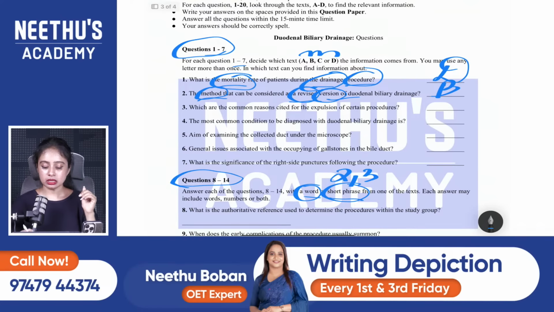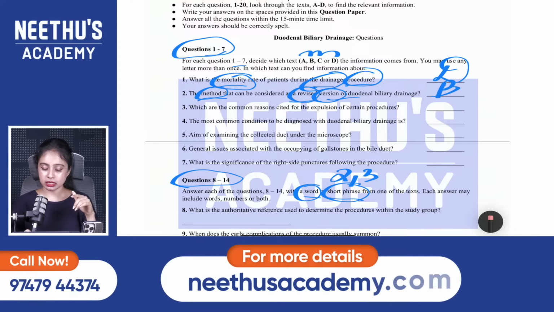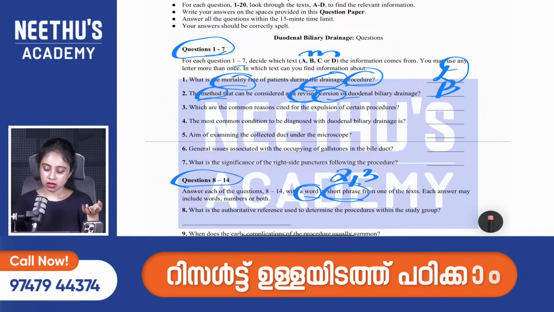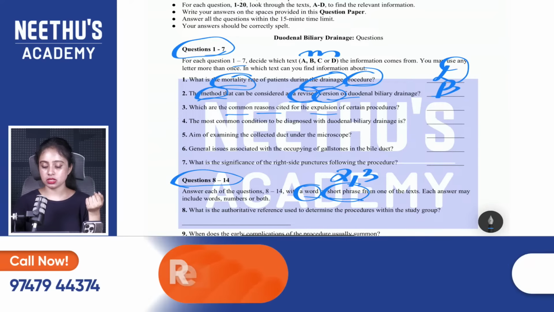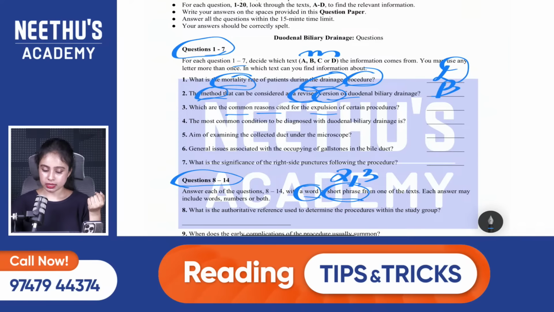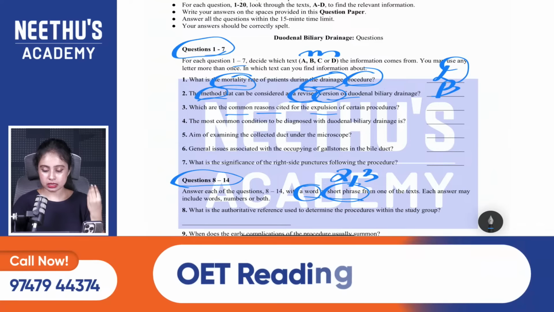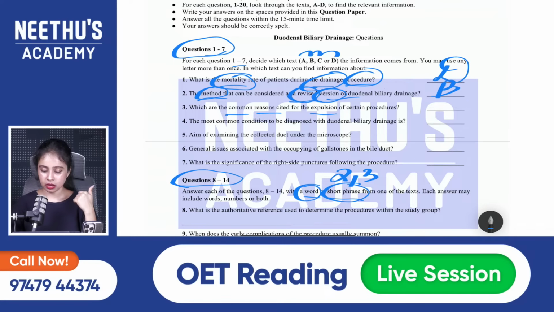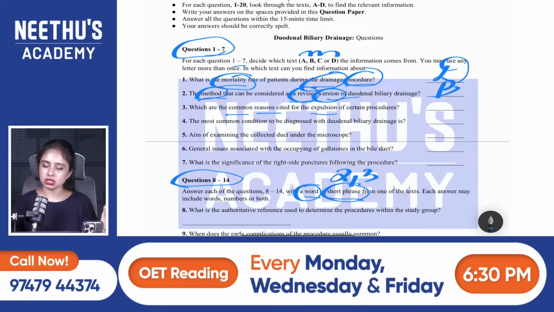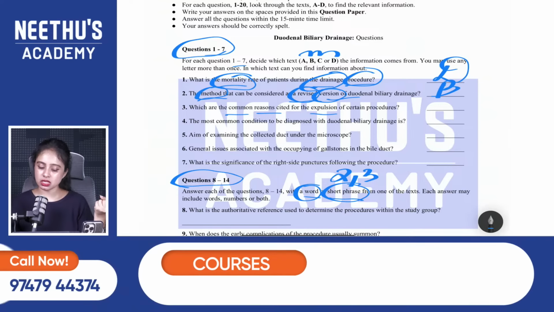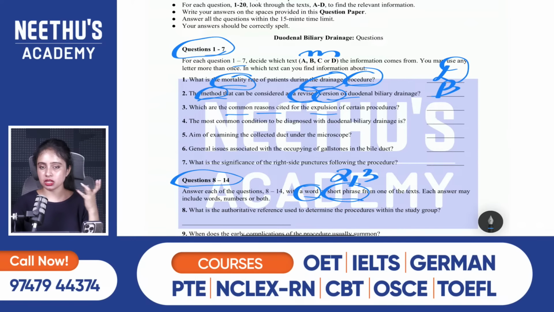Third one: which are the common reasons cited for the expulsion of certain procedures? The keywords are common reasons and expulsion. Expulsion means exclusion. So where is exclusion, and where are the reasons for exclusion mentioned?